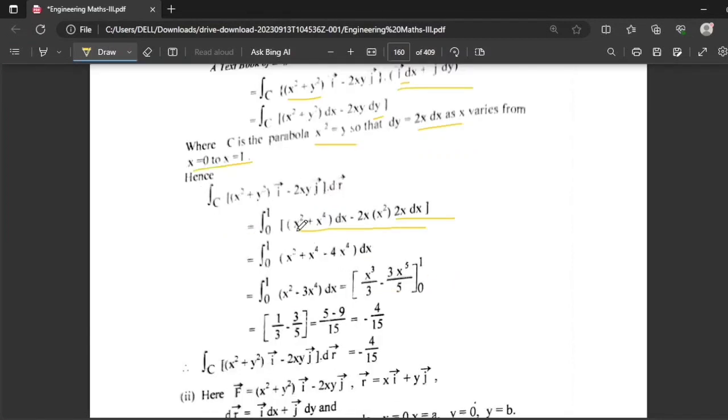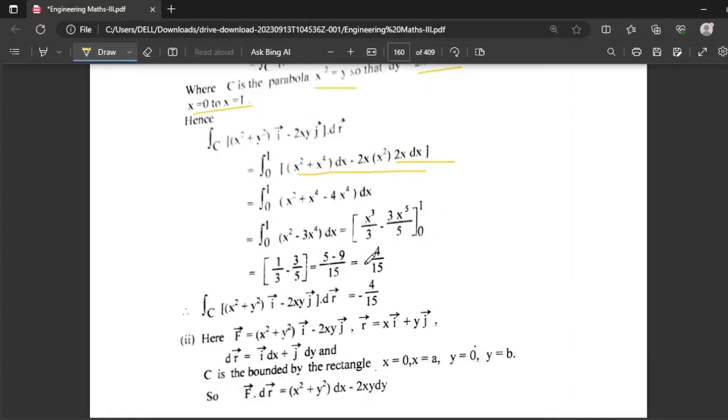So x square plus x power 4 minus 2 multiplied by 2 is 4, and x power 2 plus 1 is 3, so x power 4 with a coefficient of minus 4 plus 1, which is minus 3.